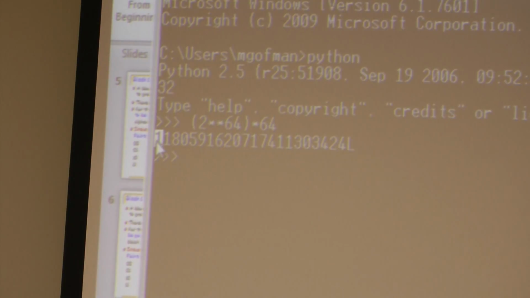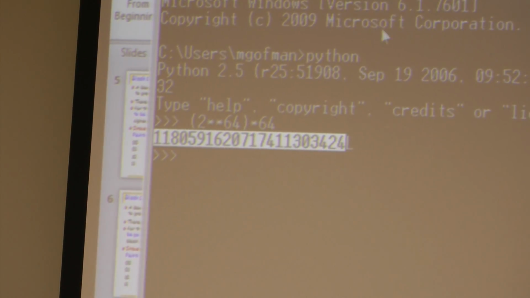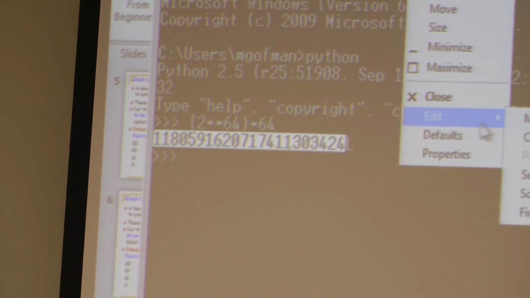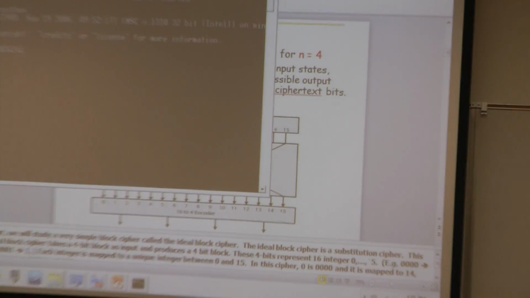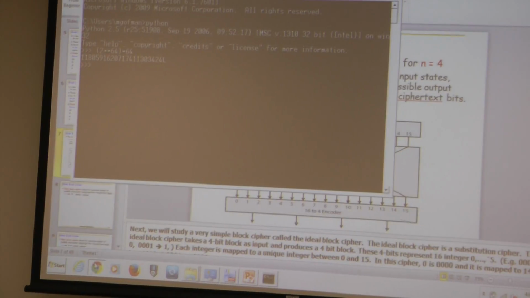Then we went to Google, and what we did was we converted it from bits to terabytes.